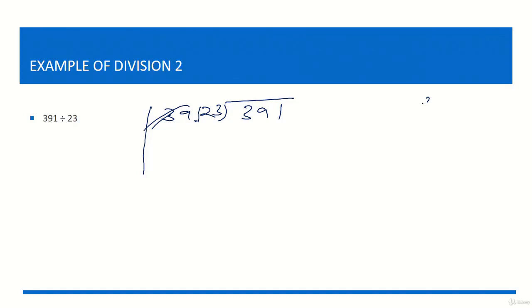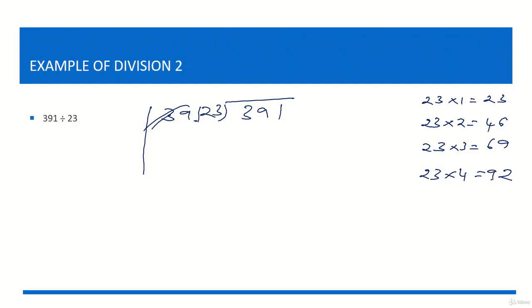You can write down 23 ones are 23, 23 twos are 46, 23 threes are 69, 23 fours are 92. Like that you can write down and work on it.